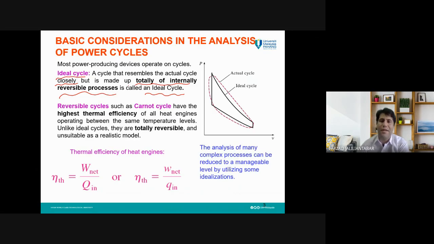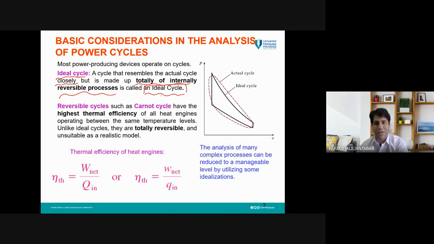So generally, we cannot have a process which is 100% reversible. And for an actual cycle, we have some irreversibility. If we assume that the cycle which we have includes reversible processes, then we call that an ideal cycle.